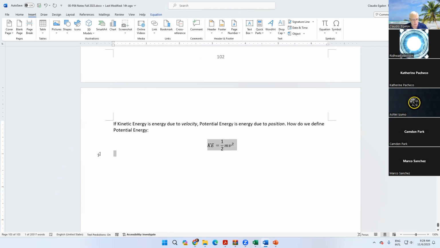However, potential energy is defined in a different way. Potential energy is defined as being minus the work done by a conservative force. There is a reason why we put the minus here. Basically, we put the minus here to differentiate potential energy from the work done by a conservative force. That's all. That's the reason. This definition is very important.